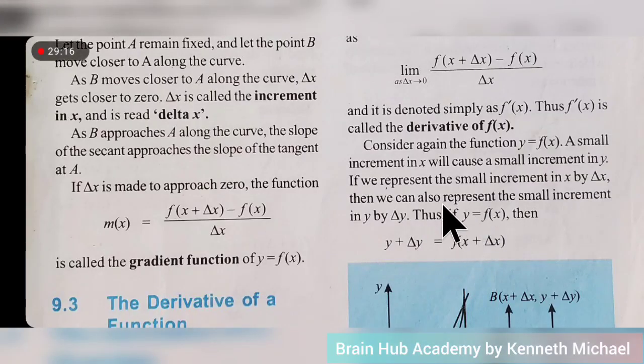Thus if y equals f of s, then the small increment delta s will also lead to a small increment in y, because y is what we call the dependent variable. It depends on this function of s to exist. So if s changes, what it means is that y will also change.